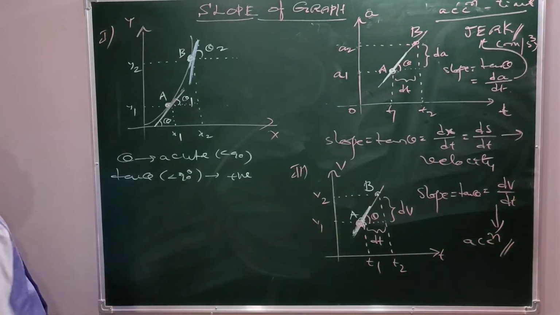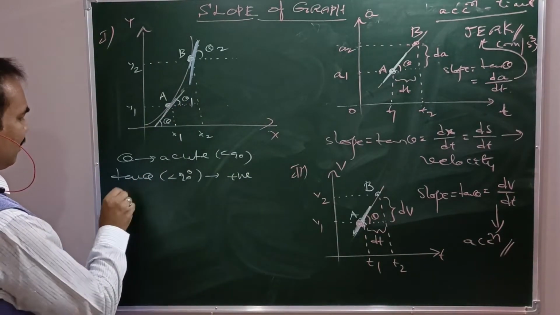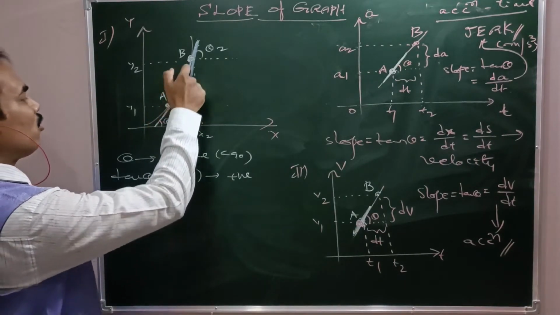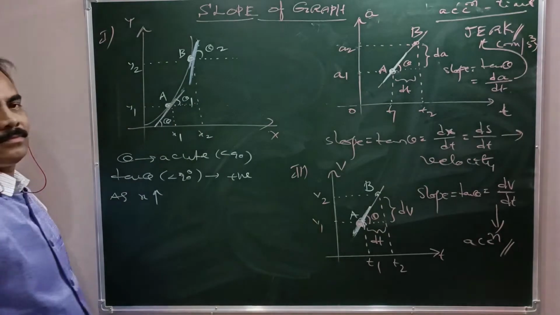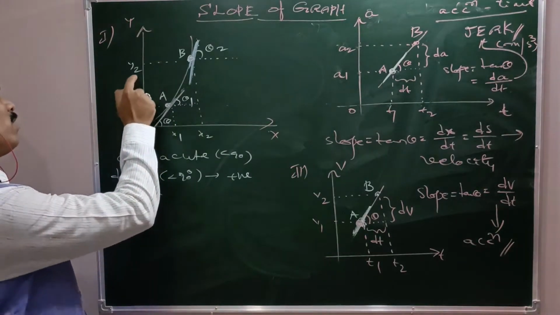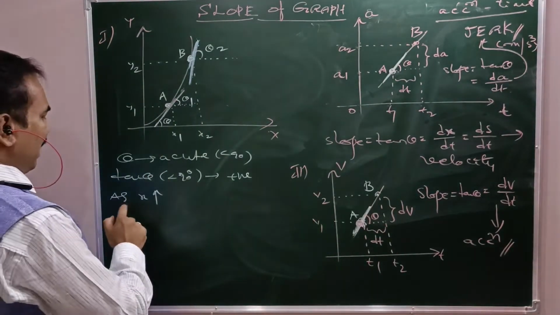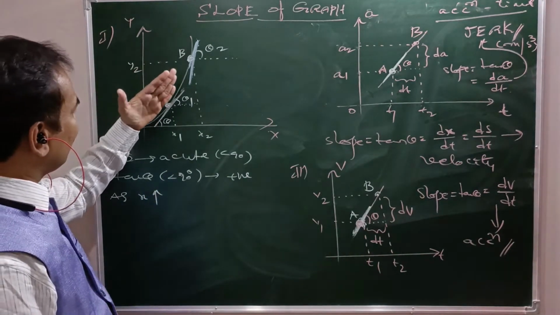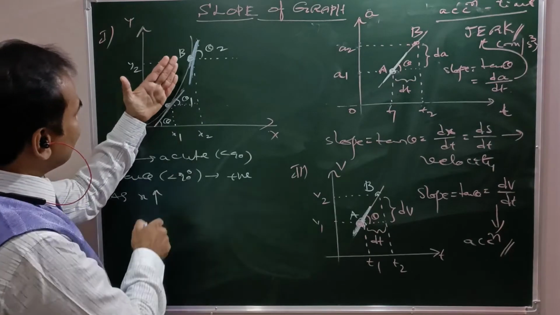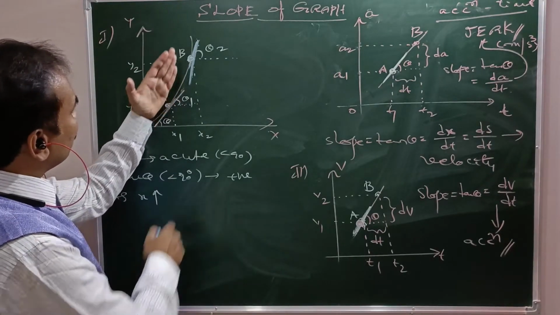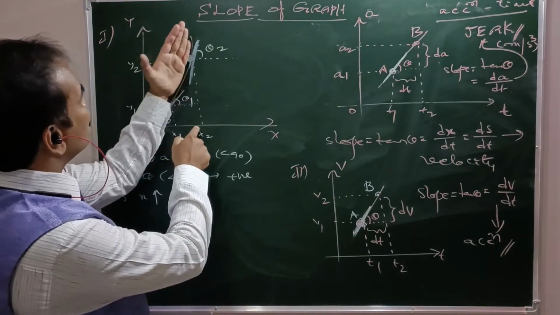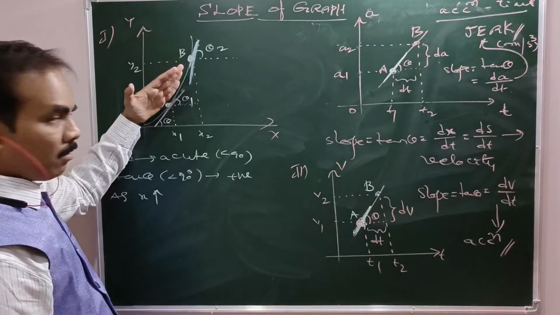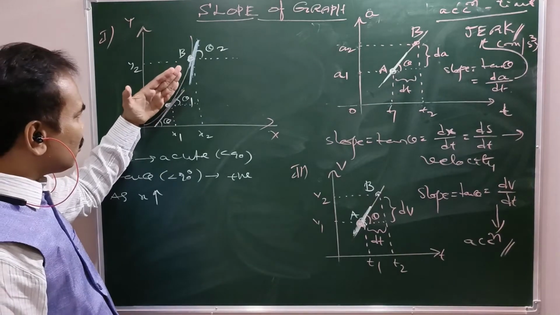Slope is positive. Now, as x increases, if you go from A to B, x increases from x1 to x2. Of course, y also increases from y1 to y2. As x increases, what about theta? Will it decrease or increase? Initially at x1, the tangent shoots down. At x2, the tangent shoots up.